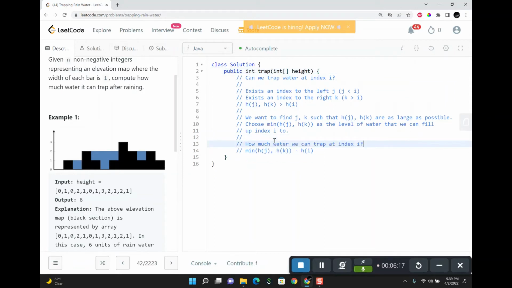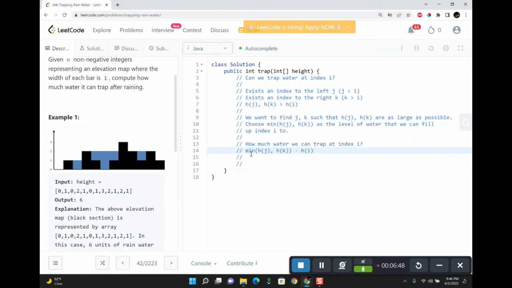So this expression is key, because once we're able to compute it at each index I, then to solve this problem we just need to sum up this value for each index I. So it's a simple summation problem after that. This is the general algorithm that we have: we use this expression to figure out how much water we can trap at index I. Then we just iterate through each index and add this quantity to our result.